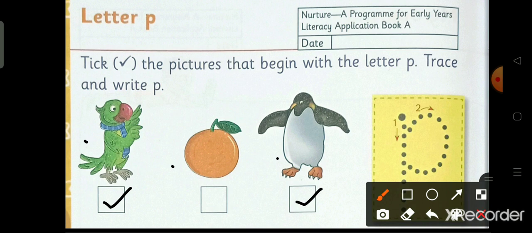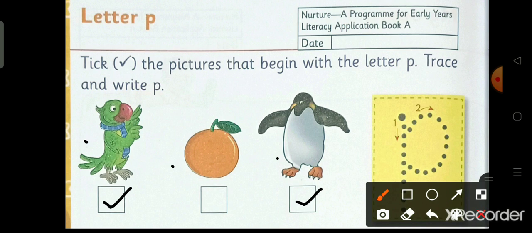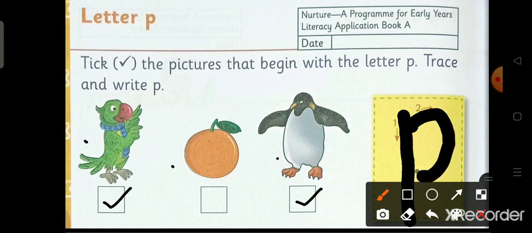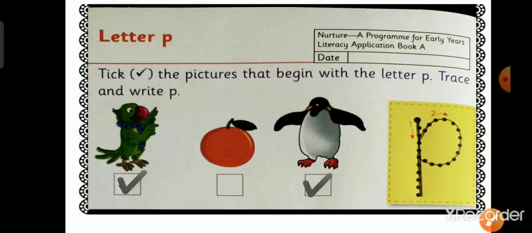Okay. Now let's trace letter P. Standing line and a curve. Letter P. Your page will look like this.